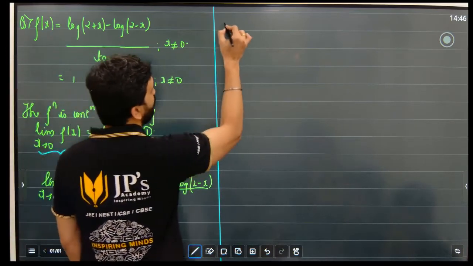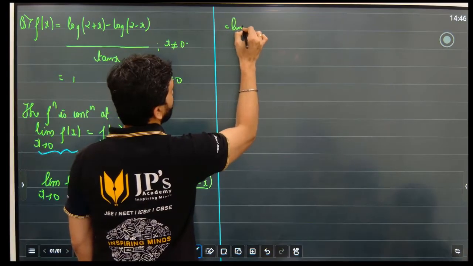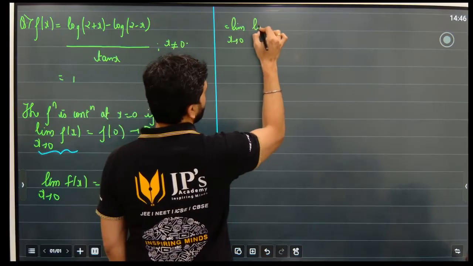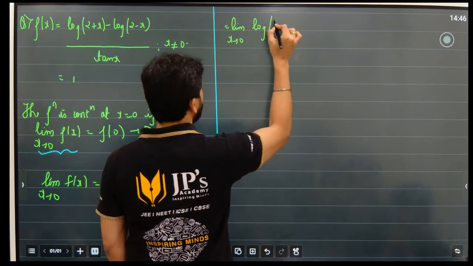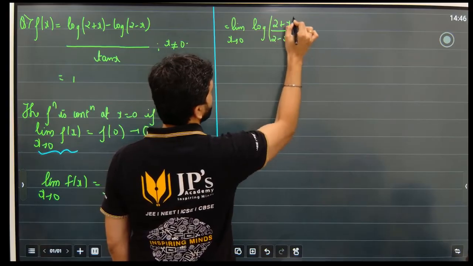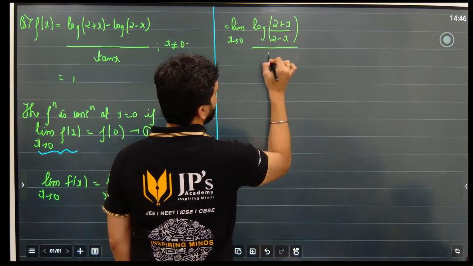Now I know the formula is log A minus log B, so first I am going to take it as log of A upon B, the whole upon tan x.